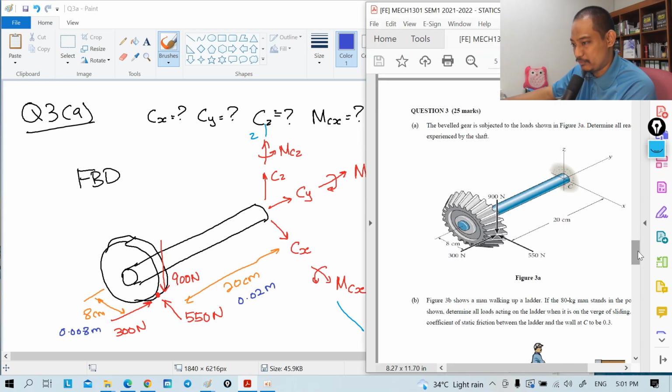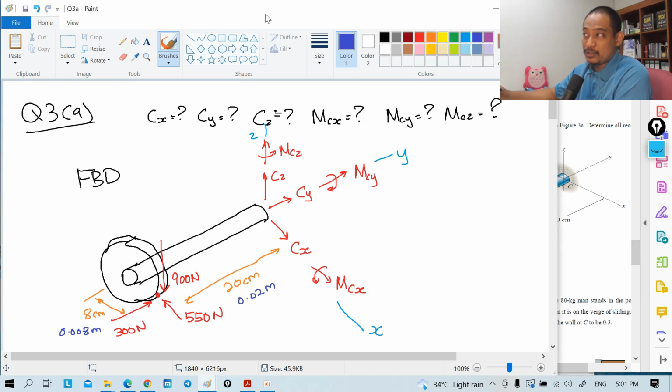Sorry, that would be if it's millimeter. 1000 millimeter is 1 meter, 100 centimeter is 1 meter, so divide by 100. Okay, so that's wrong. It's 0.2 meter, and 0.08 meter.